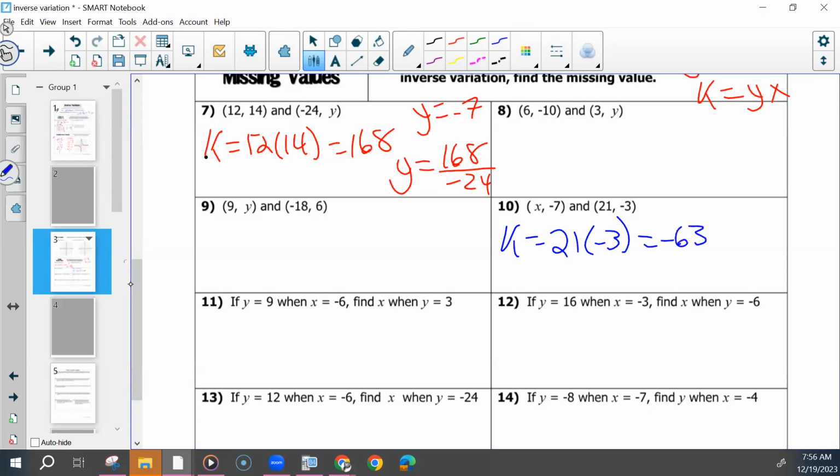Then take that number and your other ordered pair, set up your y equals k over x. What would that look like? So it would start with negative 7. Negative 7 equals, correct, that is the y, 63 over x. How would we solve this for x? Multiply by x on both sides. We have negative 7x equals 63. And then divide.